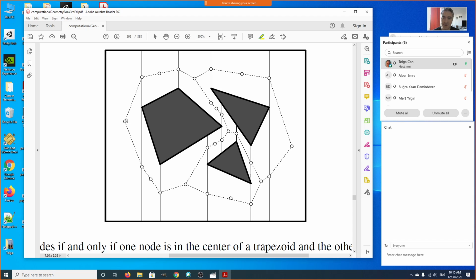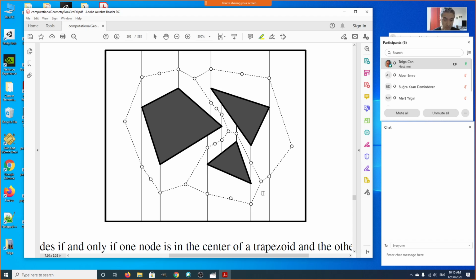So we have nodes at the centers of trapezoids. We also place nodes at the center of each vertical extension. These vertical edges that we extend from every vertex, this one and this one, are indicated in our edge records.